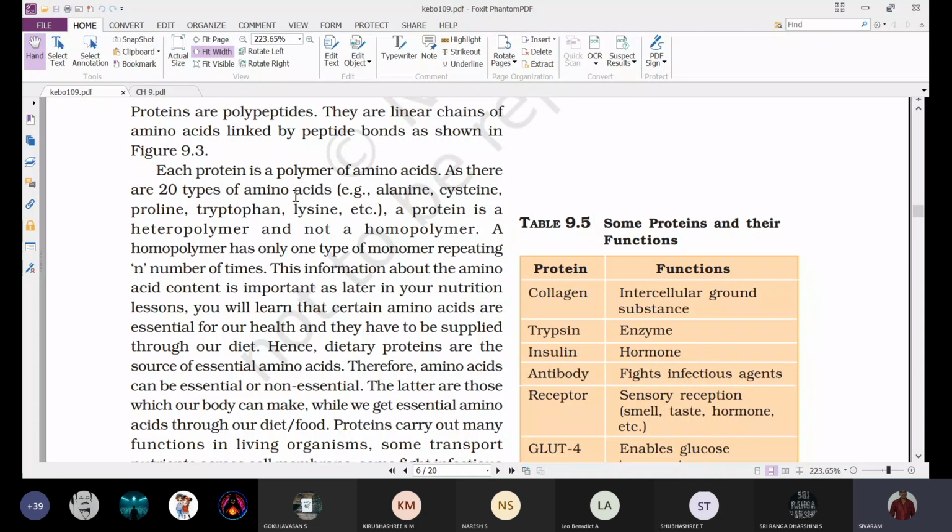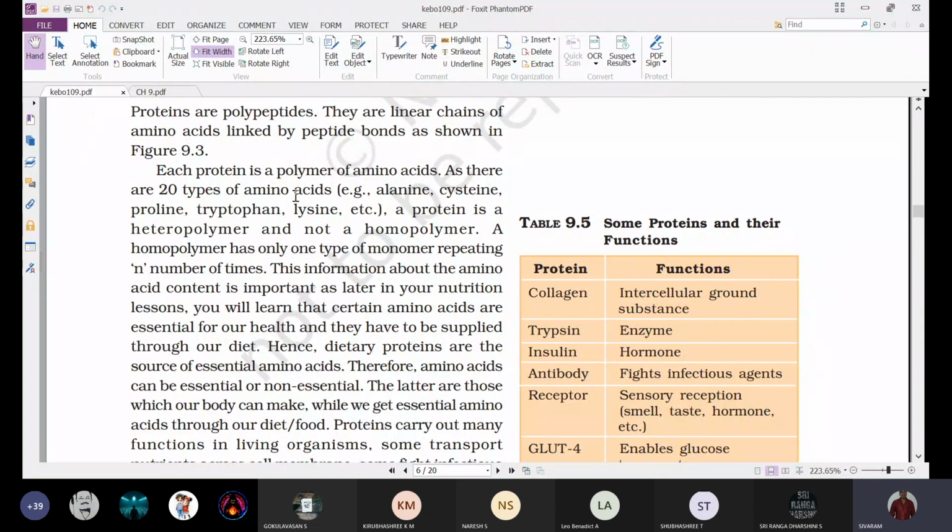Through that only these amino acids are obtained. So hence dietary proteins are the source of essential amino acids.